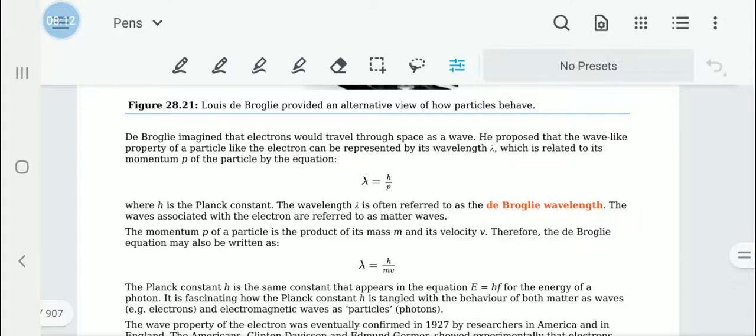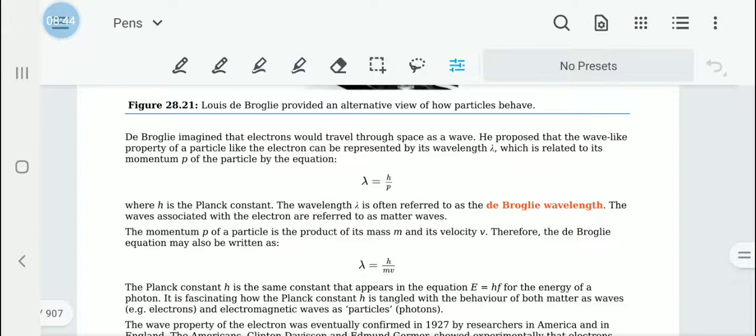He suggested that its wavelength is related to the momentum of the particle by the equation lambda equals h upon p, where h is the Planck constant as usual, and p is the momentum. This wavelength lambda in this equation, we refer to as the de Broglie wavelength.